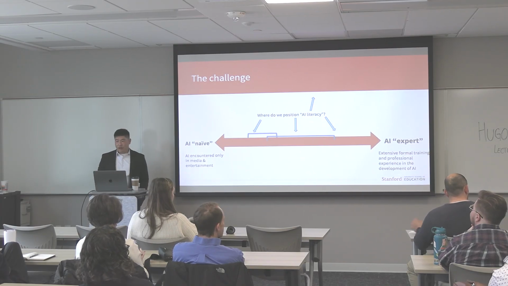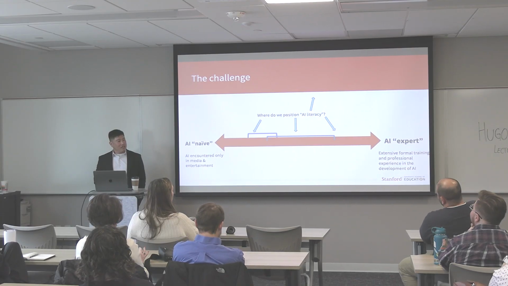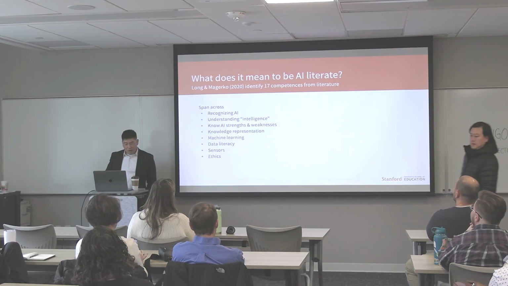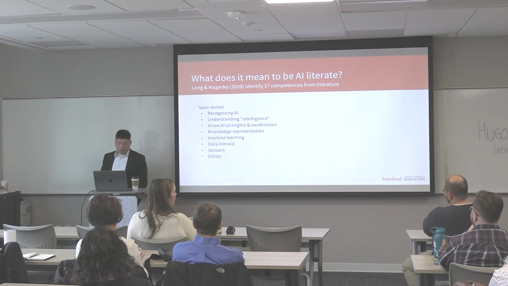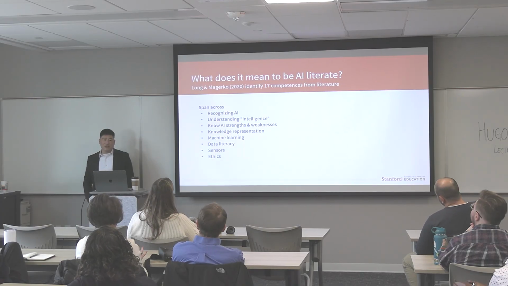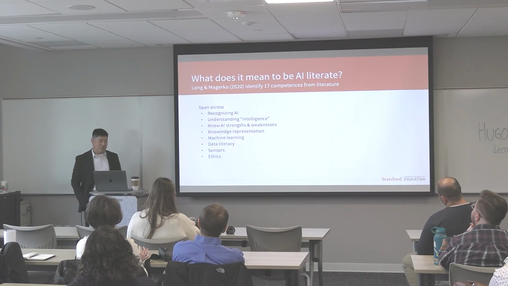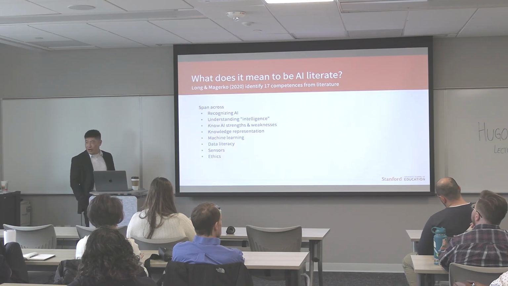So I will say, first and foremost, as somebody who is really active in the space, there is no clear definition of AI literacy. Probably the most cited writing on this is from Duri Long and Brian Magerko, an ACM CHI paper from 2020, where they did an extensive literature review of ACM publications to look at how competence in AI literacy is described.